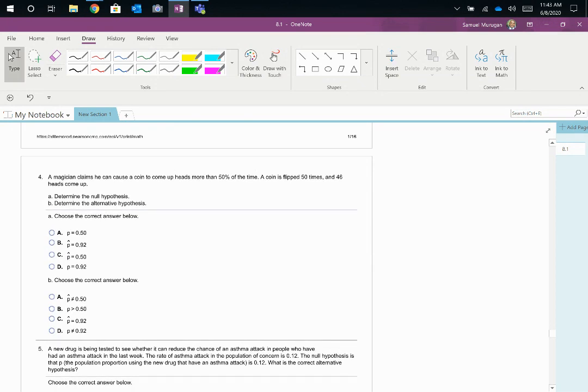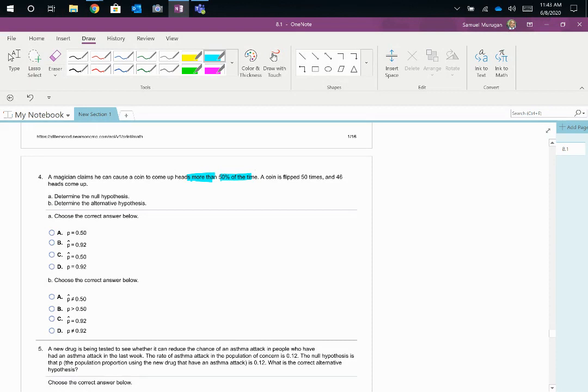Question 4, a magician claims he can cause a coin to come up with heads more than 50% of the time. Again, more than 50% of the time. Let's emphasize that is highlighted: more than, and 50% of the time.